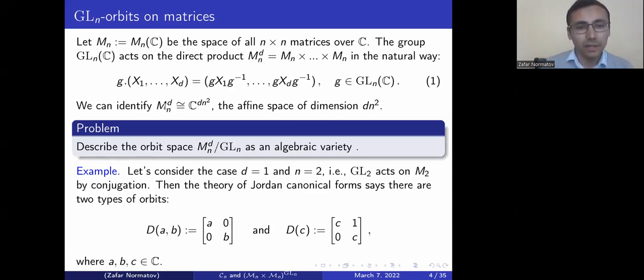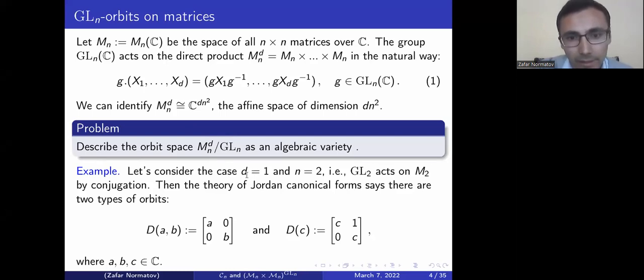And here there is a problem, and the problem is to describe the orbit space as an algebraic variety. Now we look at an example to understand this problem.